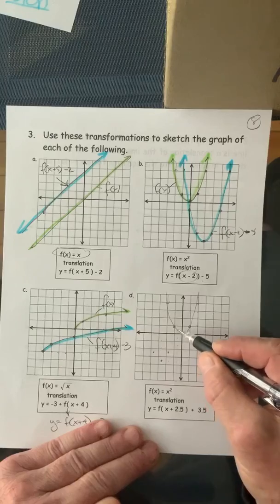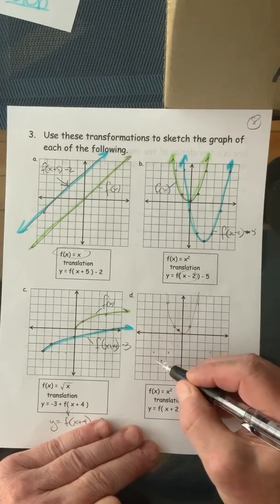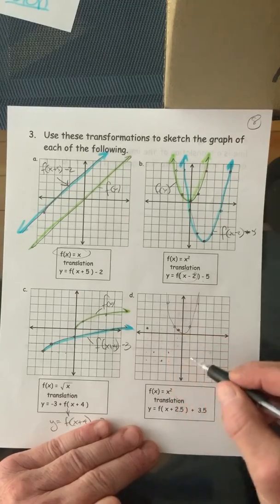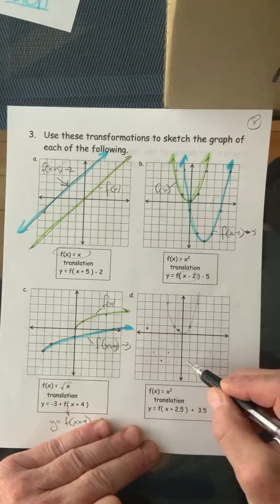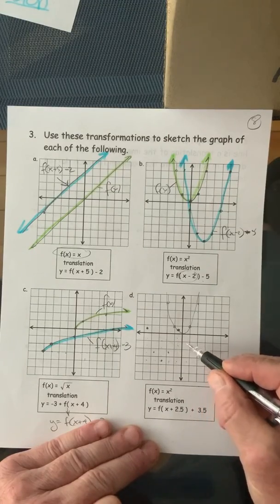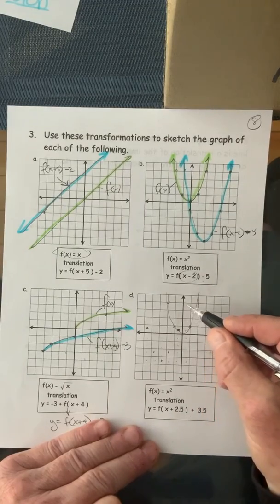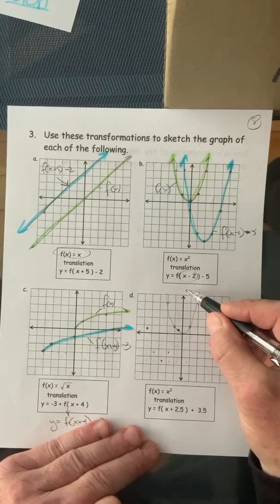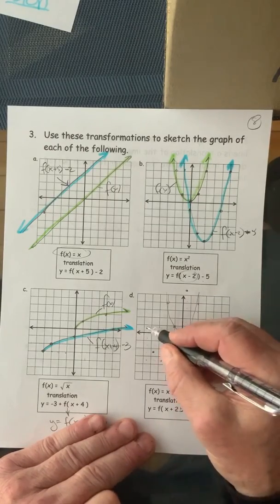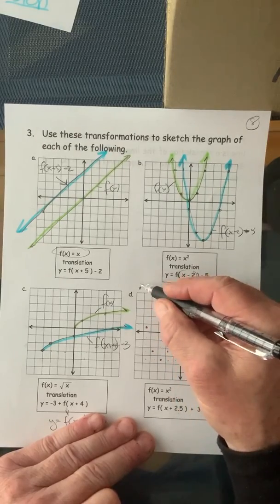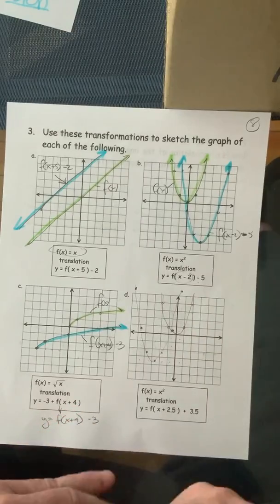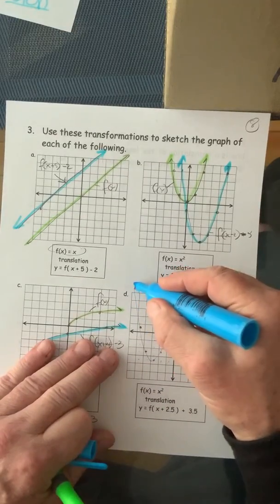Then counting up to 9. Where am I now? 9. So I would get something like this.